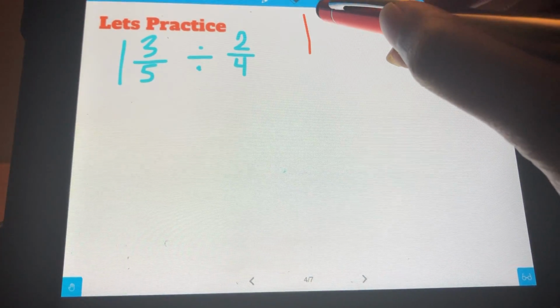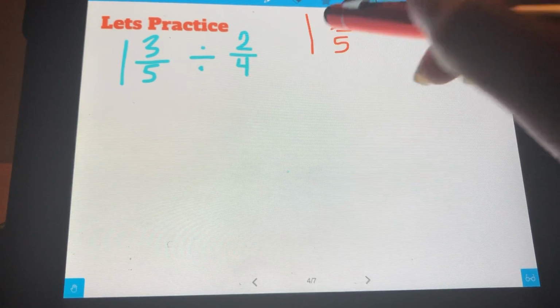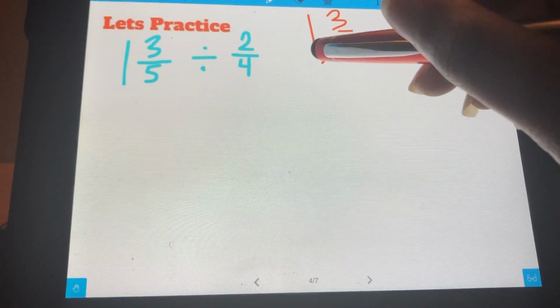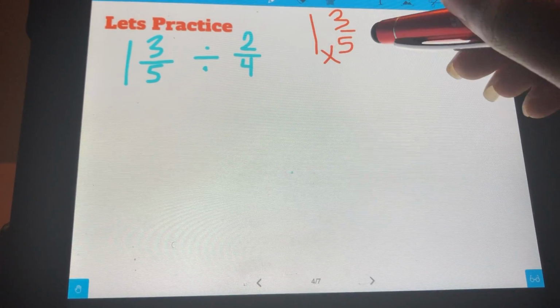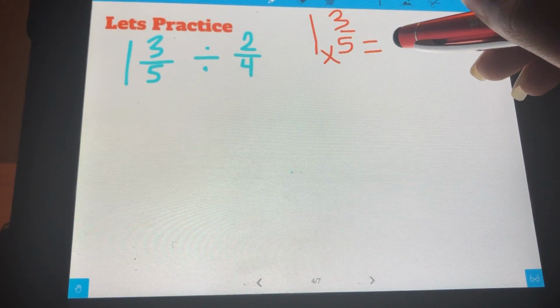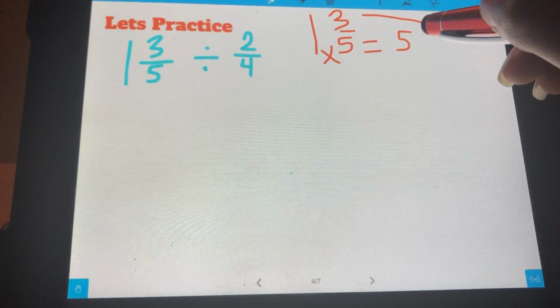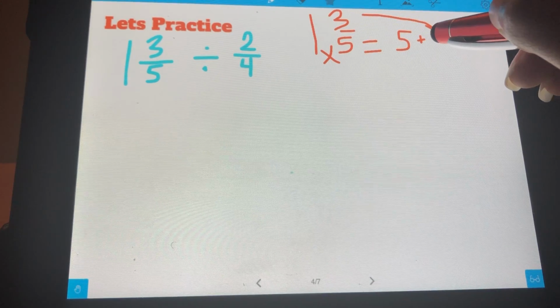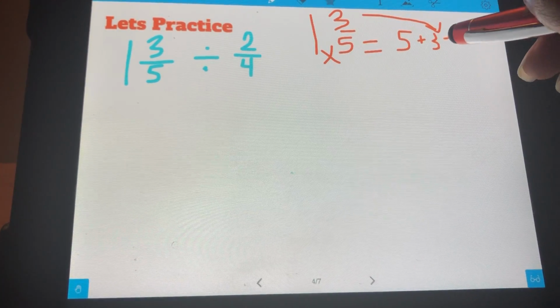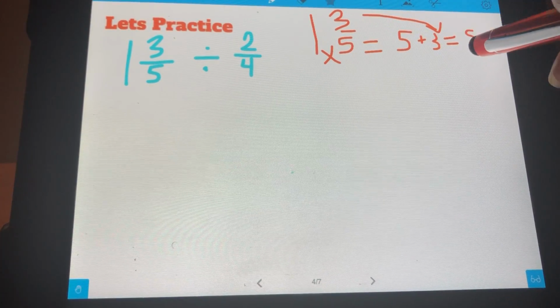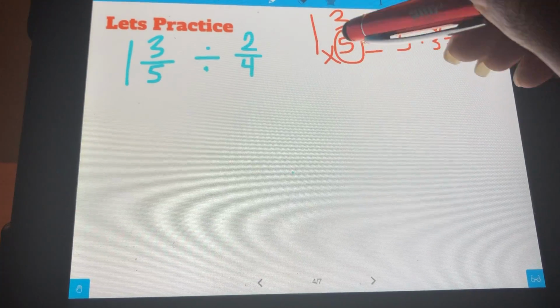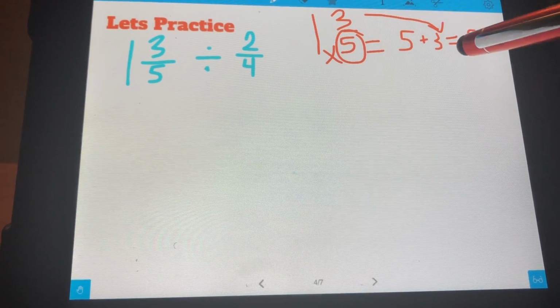We got 1 3/5. What are we gonna do? Multiply that whole number in the denominator. That'll give us 5. Add our numerator. That'll give us 8. And we always keep that denominator.